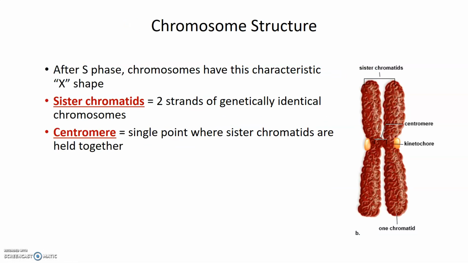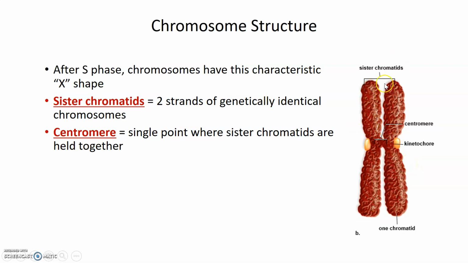So after S phase, when a chromosome has been replicated or doubled, chromosomes have this characteristic shape, which you can see here. Before S phase, you can imagine that there's just one half of the X. And then once that chromosome has been replicated, it forms both halves of the X after S phase. And there are some structures that we're going to discuss that are important in mitosis. This whole structure here, this whole X, is one chromosome.